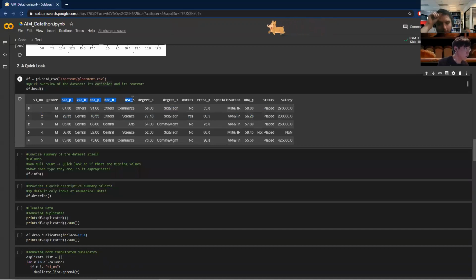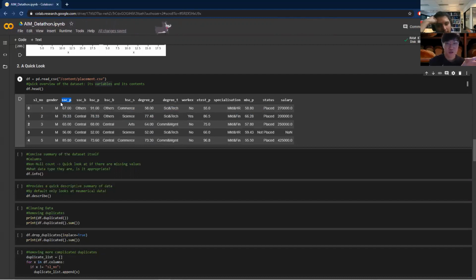And all of these here represent their test scores through secondary school and high school. Secondary school here, you might be thinking, is the same as high school, but this is a data set from India, and this SSC is before high school.